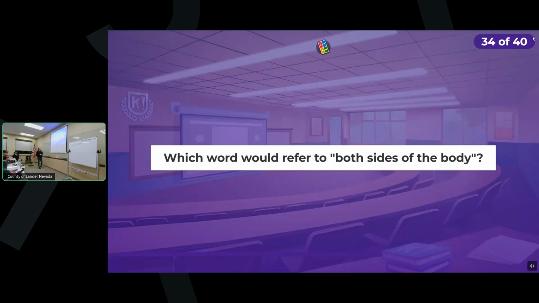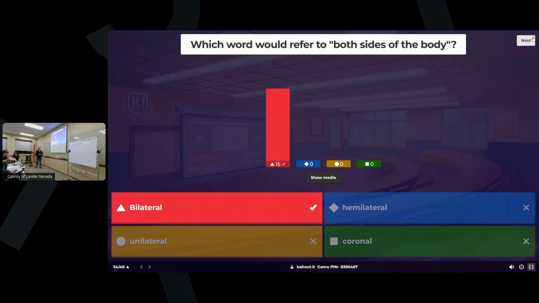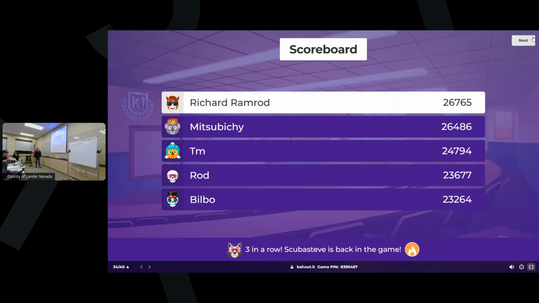Which word would refer to both sides of the body? Good job, bilateral. Where's coronal? Front. Good. Good job.